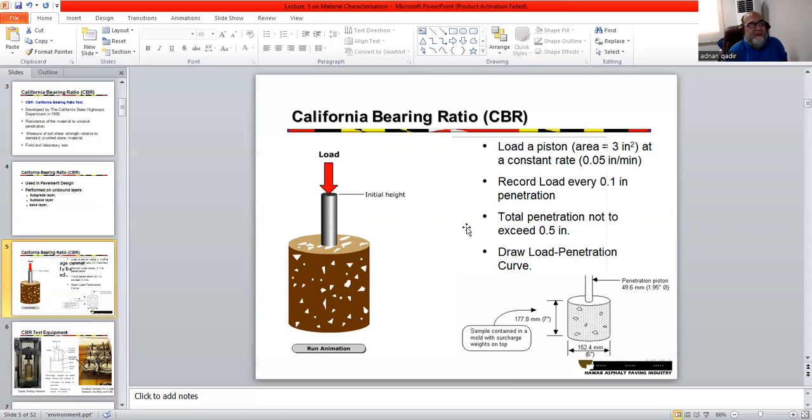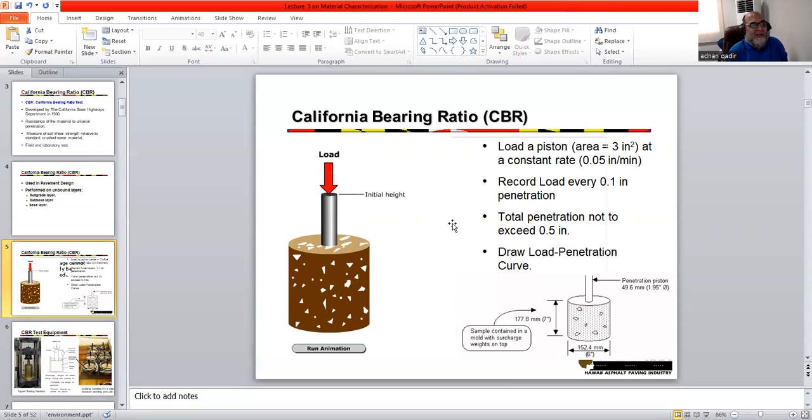Obviously, the prerequisite for this test is a test commonly known as the modified Proctor test.